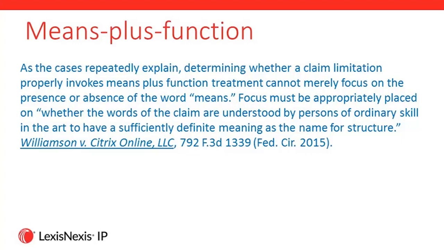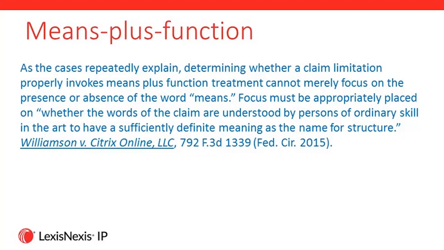The trick is that you've got to know how to do it, and knowing how to do it is actually not that hard. When you want to do means plus function claiming, use the words "means for." I've never thought that that's particularly difficult, but you will see lots of cases turn on the fact that somebody didn't actually say in the claim that this is a means for turning a screw, or whatever the function is going to be.